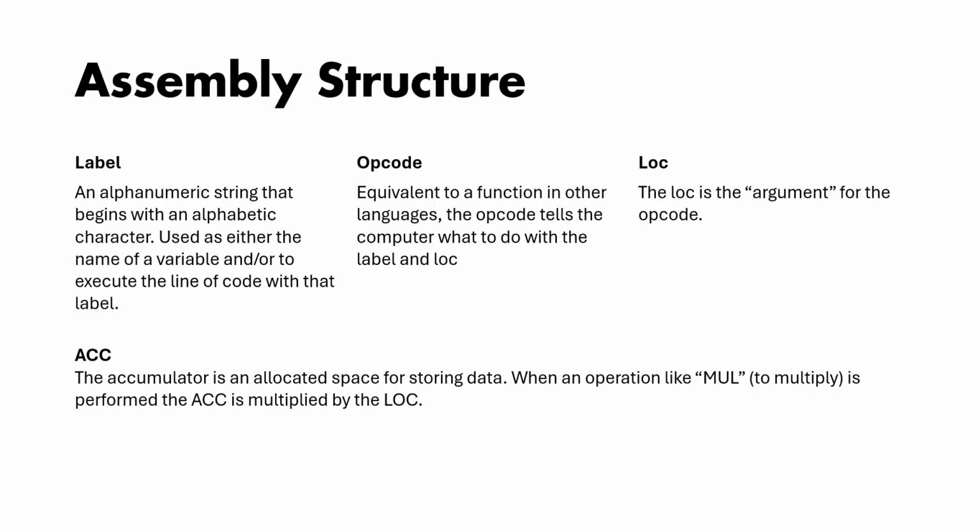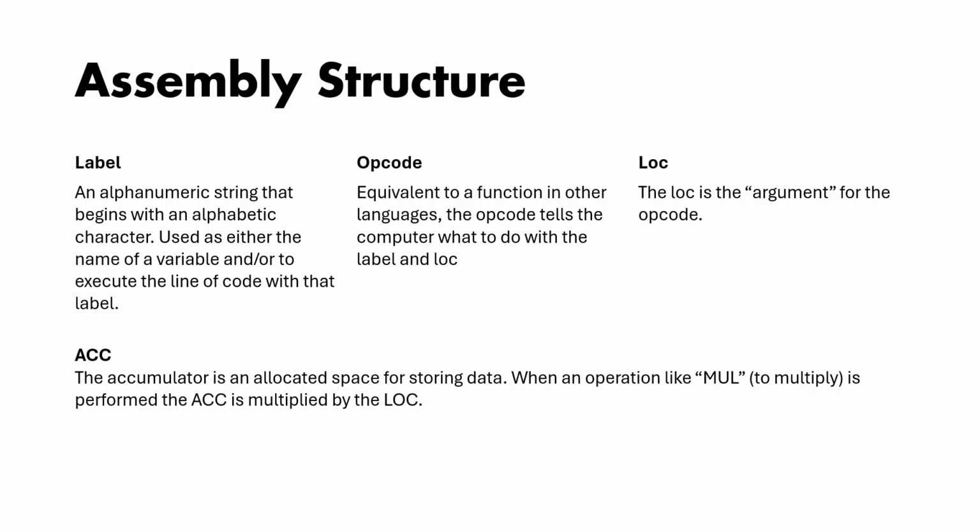The opcode is equivalent to a function in other programming languages. It tells us what to do with the data that we have in the label, the lock, and the accumulator, which I'll get to in a second. The lock is the argument for the opcode, so it'll contain a string, a number, any data that will be operated on by the opcode, except for in one case, which I'll also show you later.